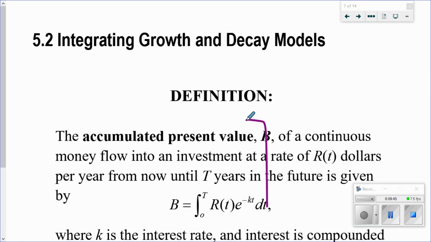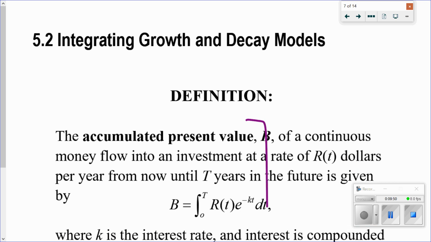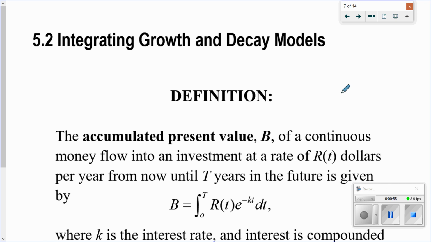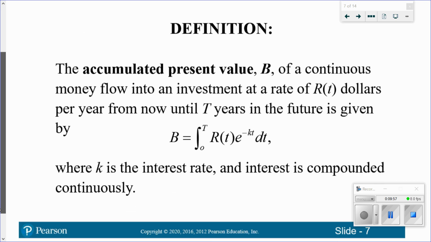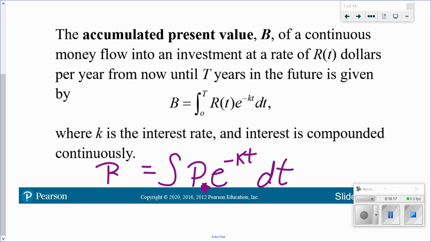Okay, so I like to see it written like this: antiderivative of e^(-kt), we'll just call it P, dt equals our accumulated present value.